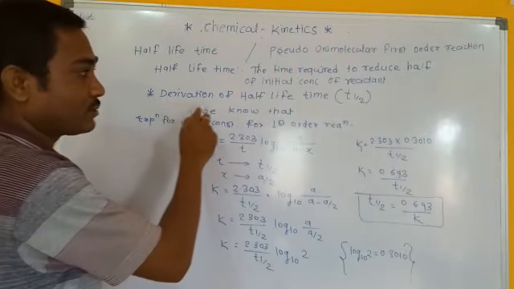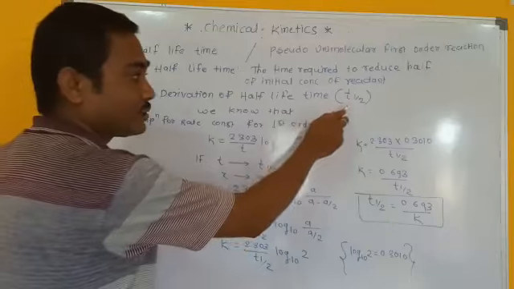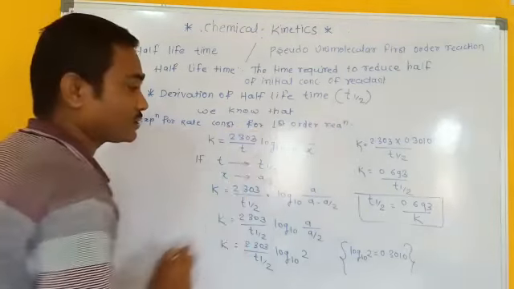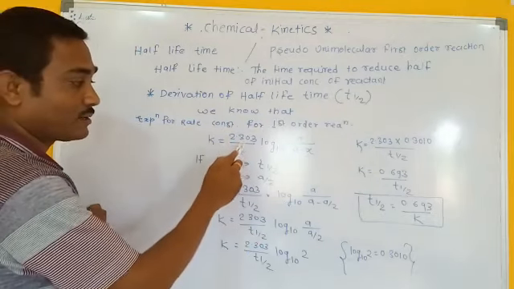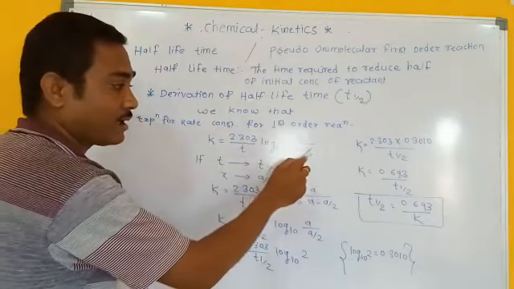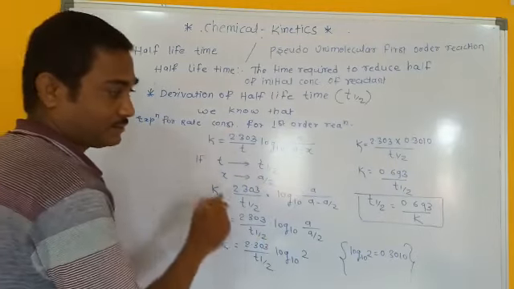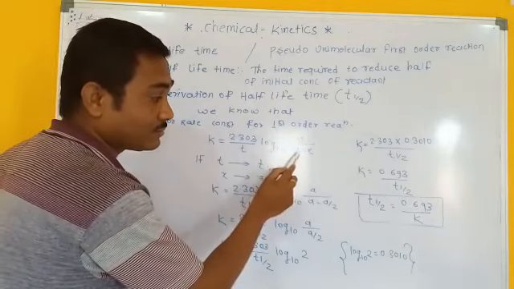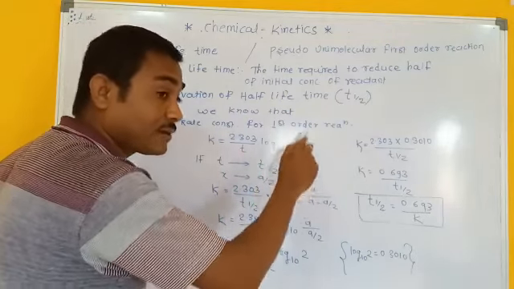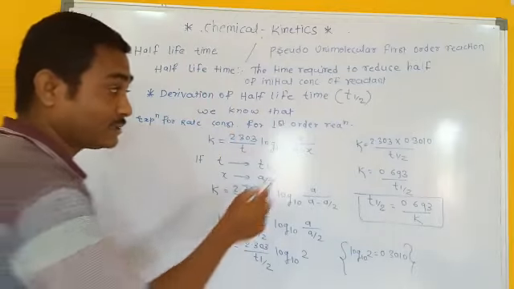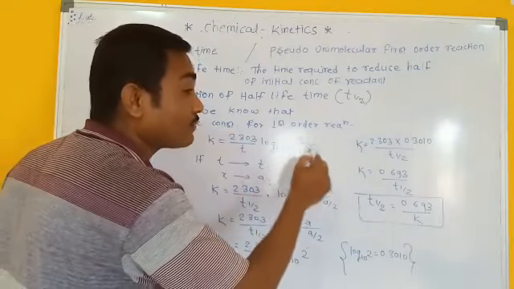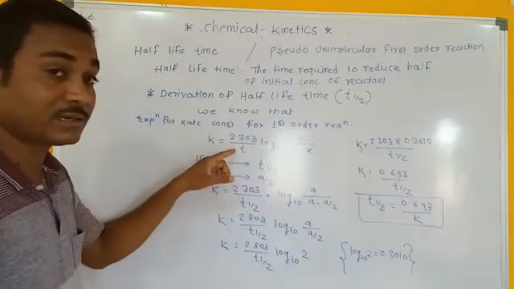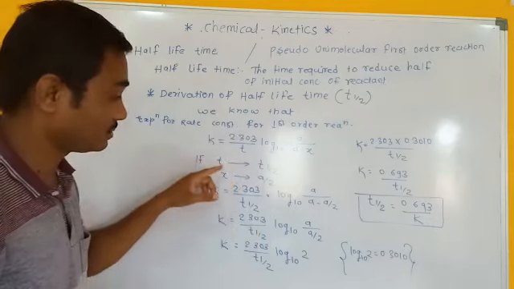The rate constant of a first order reaction, K is equal to 2.303 divided by T log to the base 10 A by A minus X. Here A is the initial concentration, X is the number of moles of reactant converted into product, A minus X is the concentration of reactant after time T, K is the rate constant and T is the time required.